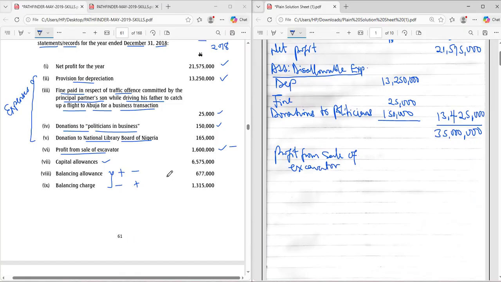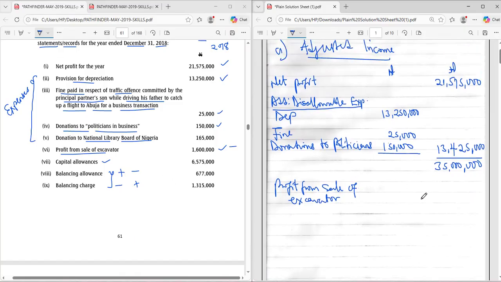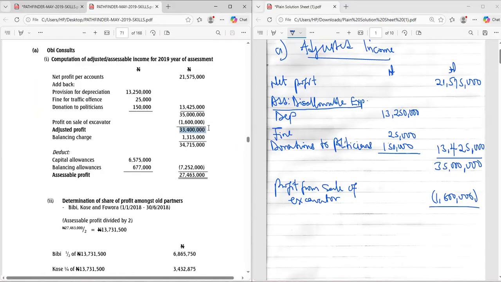How much? 1.6 million. We are taking it out. So help me take it out. You should get 33,400, correct.